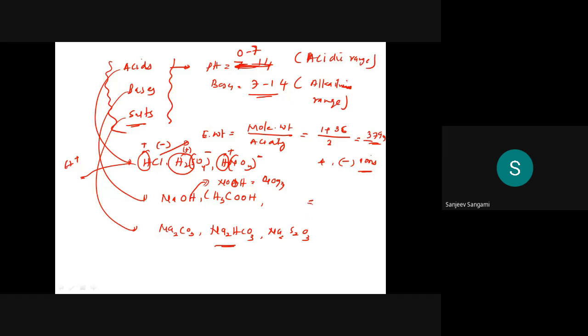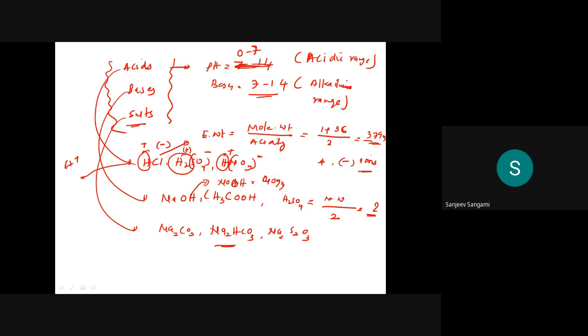So for H2SO4, calculate the molecular weight, then divide by its acidity, which is 2. Whatever you get, that is the equivalent weight.